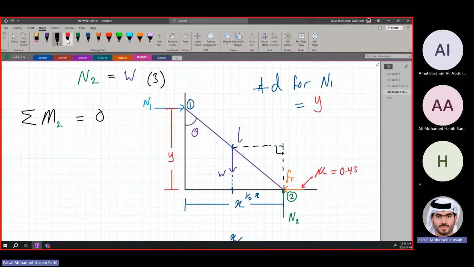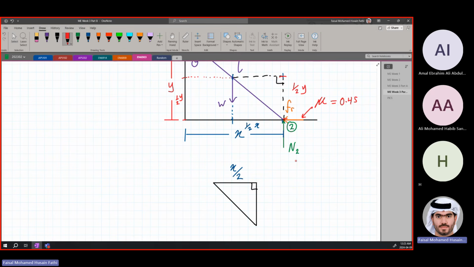Same thing with the y. We know that this distance from here to here is going to be y over 2, or half of y. So this distance as well is going to be half of y.